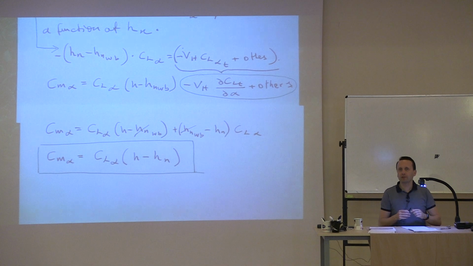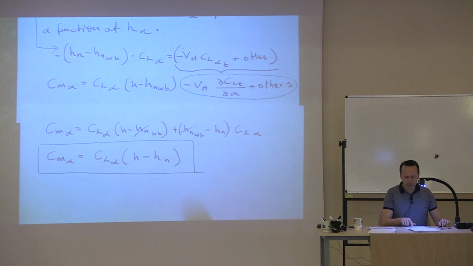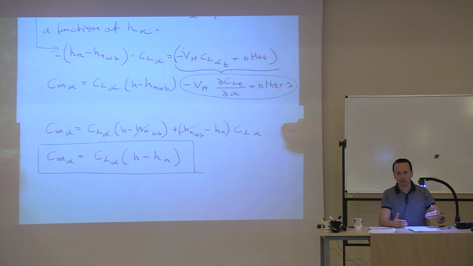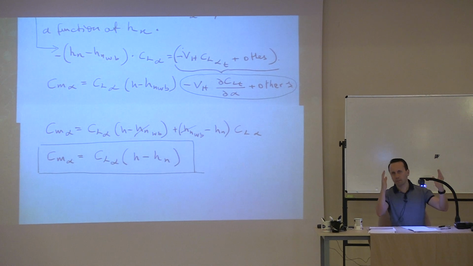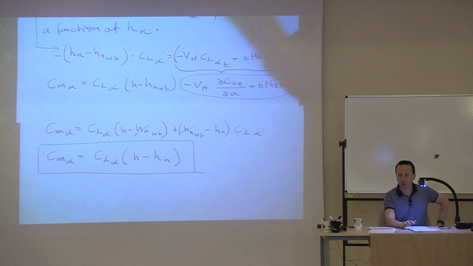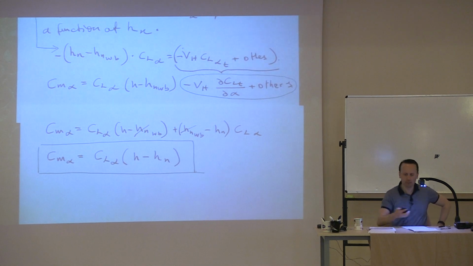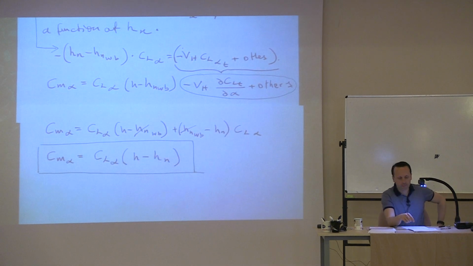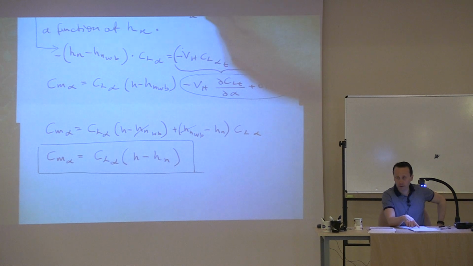The result is very simple, okay, and I will talk about this equation quite a bit. But you need to understand where it is coming from, okay? We first wrote the moment equations. We found Cm alpha. We set it equal to 0. Find the location of the Cg where Cm alpha is equal to 0.